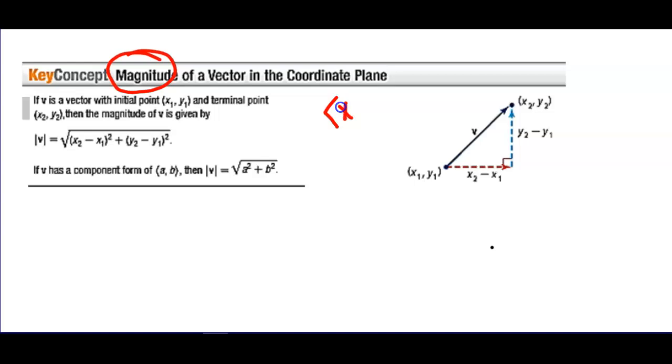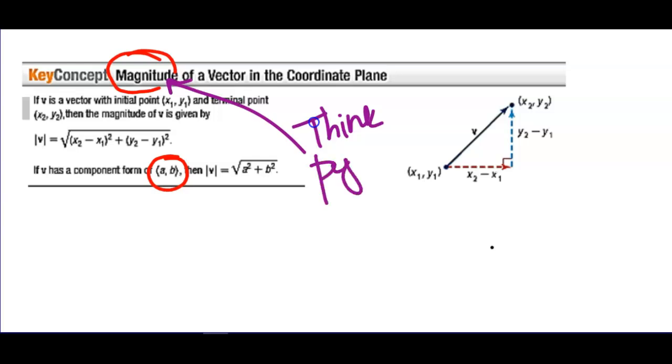When you have it in component form, then you just do Pythagorean theorem to find the length of the vector. So anytime they ask for magnitude, I want you to think Pythagorean theorem. Okay?